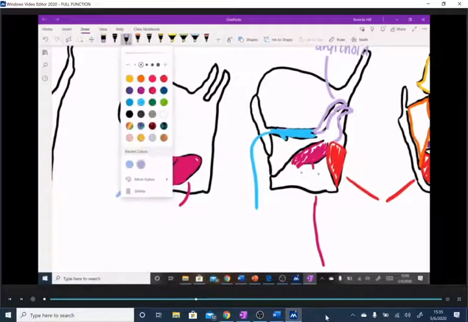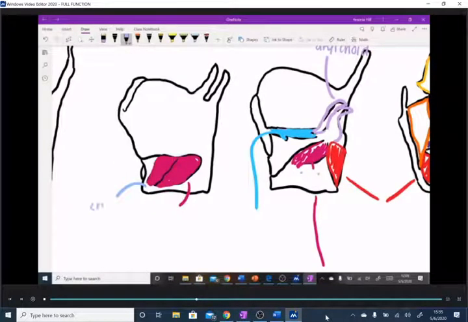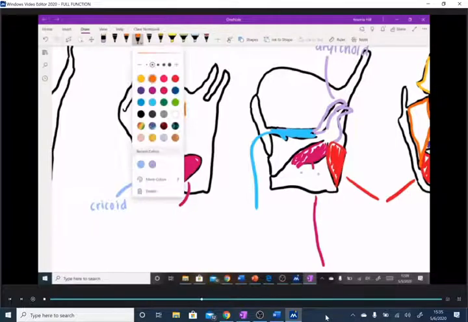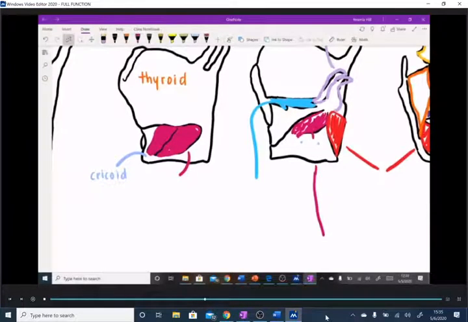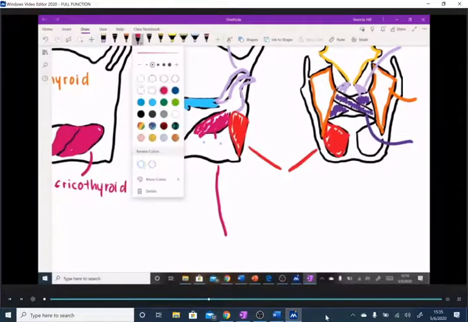So in the cricoid, we have at the bottom, and superior to that, we have the thyroid, and the muscle in between those is the cricothyroid muscle. And I'll go more into detail what ligaments are attached to these muscles in the chart below.